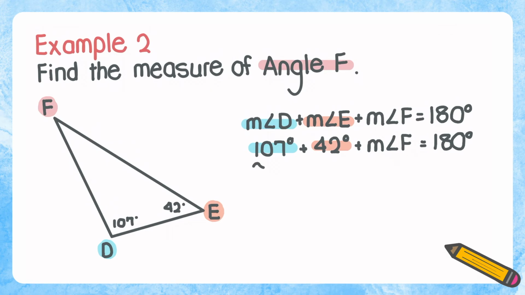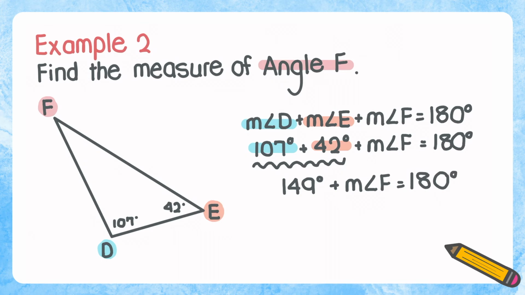To simplify this equation, let's add 107 degrees plus 42 degrees. Feel free to use a calculator. This is 149 degrees, and then we also have plus the measure of angle F equals 180 degrees.